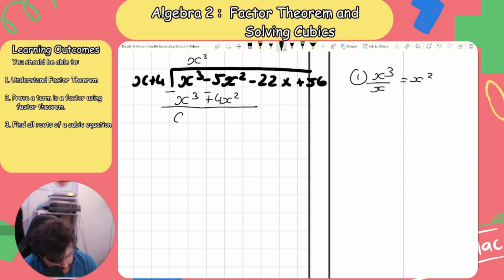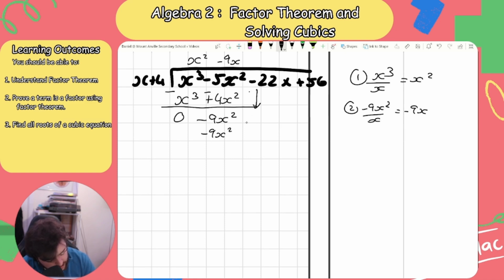Minus, 0, minus 9x squared. Minus 9x squared divided by x is equal to minus 9x. Put that on top. Minus 9x times x is minus 9x squared. Oh, and I bring down the minus 22x here. Minus 9 times 4 is minus 36x. Plus 0.